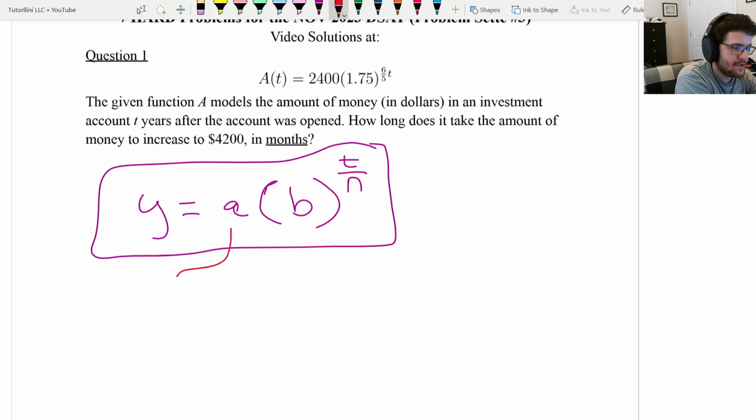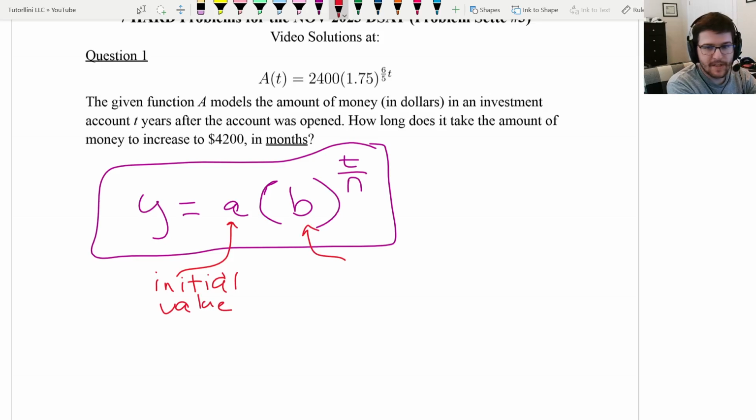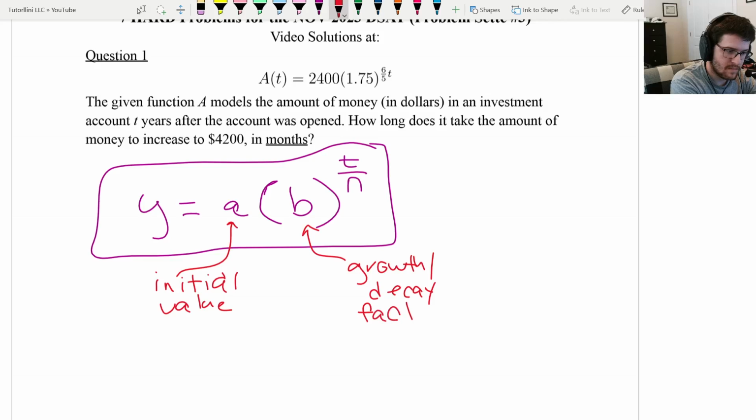So a is your initial value. b is your multiplier. When we're talking exponentials, we call that a growth or decay factor. t is just time, so that's just your x.